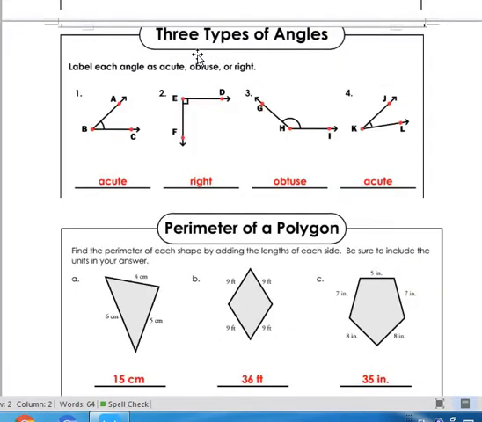Okay, moving to this worksheet about the types of angles. Do you remember we have some types of angles? According to the measure, I have acute, obtuse or right. When I have an angle, it's called angle ABC, or can I say angle CBA, or just angle B?